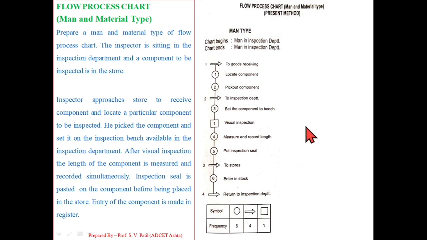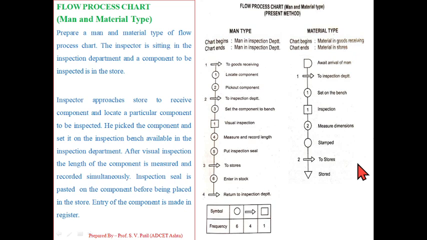Now we are supposed to prepare the second chart for the material. So here, material type, chart begins: material in goods receiving, chart ends: material in the store. Now you know how to use the various symbols, curve links, and how to prepare the chart. So that chart will appear like this.